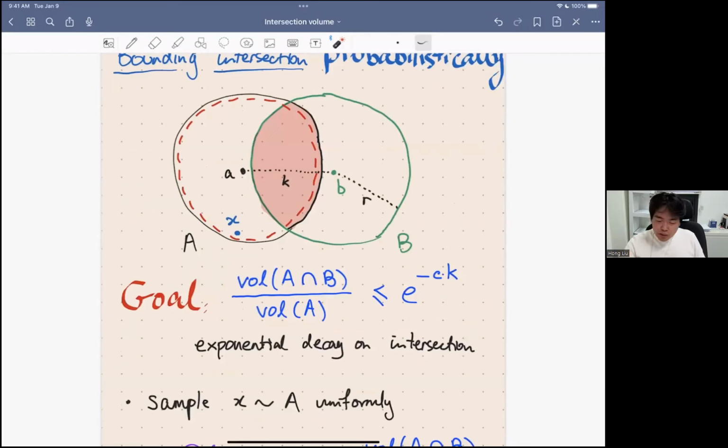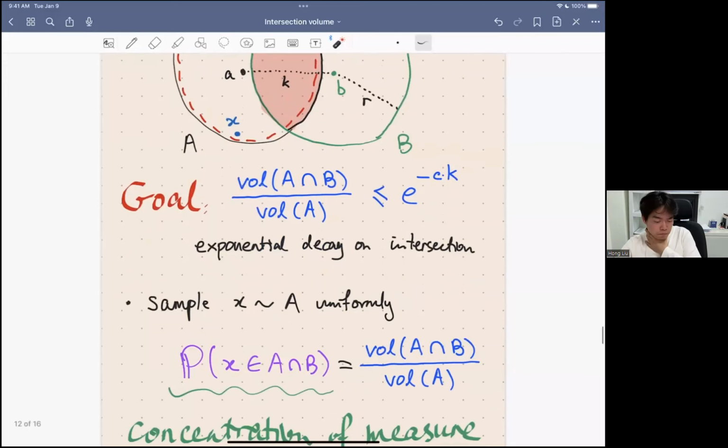Here it's important that for that application, I didn't mention anything about K. In our application, the distance D will be linear in the dimension n. But K actually works for any sufficiently large constant K. As long as K is some constant, that's enough. We don't need K to be a function of D. So that's important for that application.